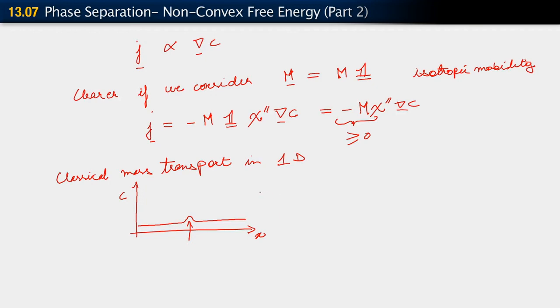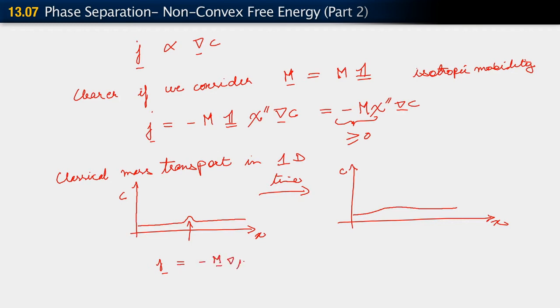What happens? We know that as time progresses, that concentration tends to smoothen out, right? So we get something like this, a much more gentle bump. This has to do with the fact that for conventional diffusion, the flux is equal to minus M gradient mu.